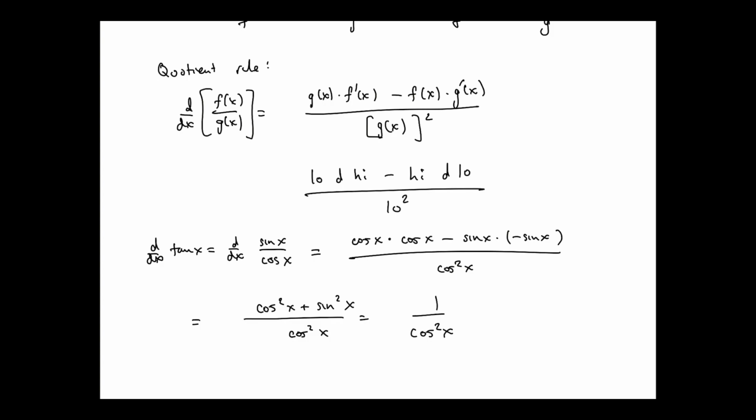Now, cosine squared in the bottom, we got that. What's another name for division by cosine? So 1 over cosine, we give it a separate name. It's secant. And so this one is secant squared. Now, you could leave it as 1 over cosine squared. That's fine.